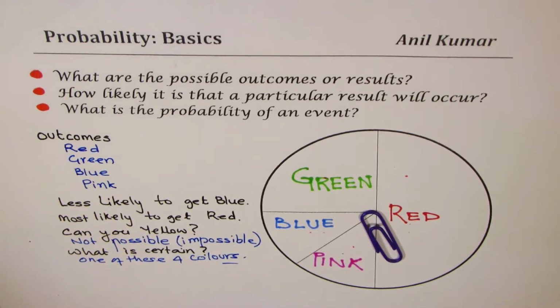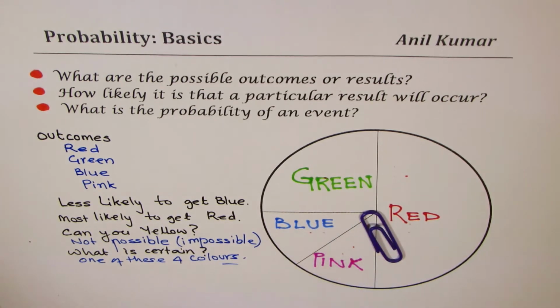Do you understand? So what I've done here is that in this game, I've introduced you to few terms which we are going to use again and again while playing our game of probability. So in a spinner like this, we have only 4 colors, so it is only possible to get one of these 4.